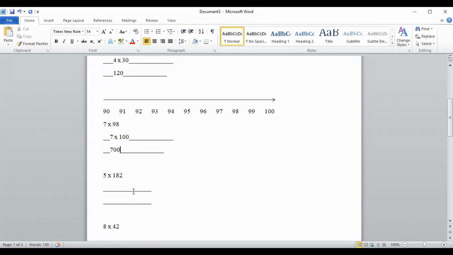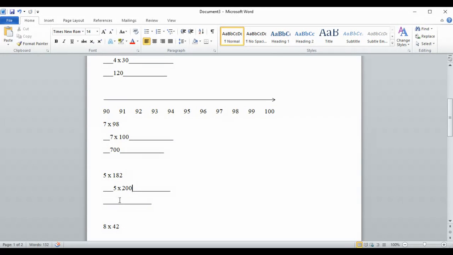So here we have a 3-digit number. We are deciding, is 182 closer to 100 or closer to 200? Think about that. What's it closer to? I hope you said it's closer to 200. So we are going to write down 5 times 200, and then we're going to find the math fact, add the zeros.